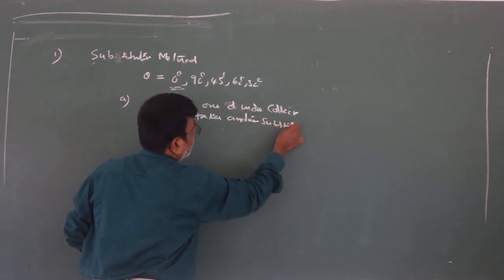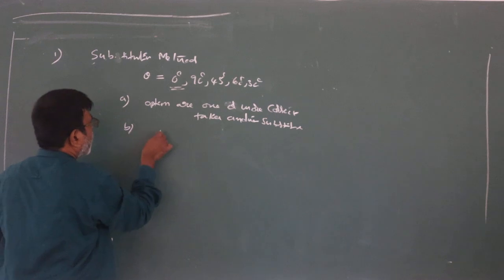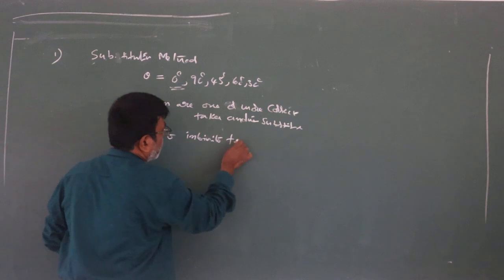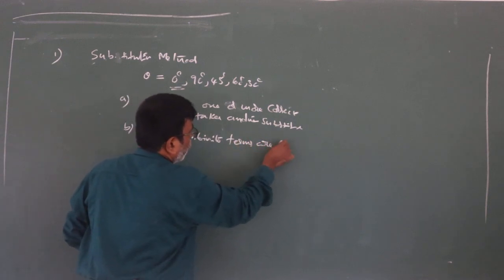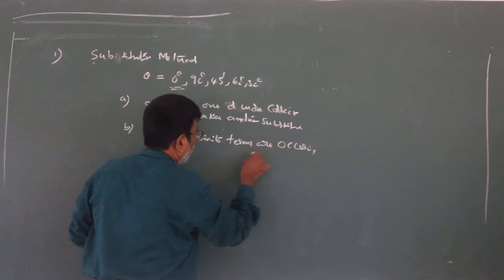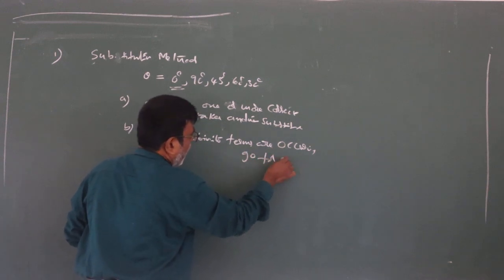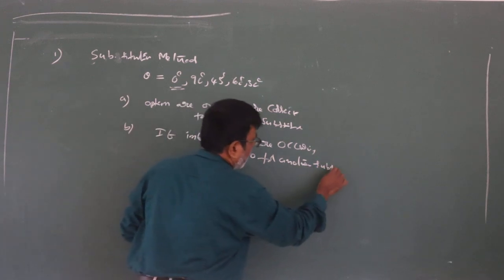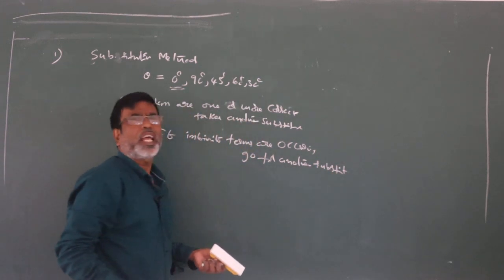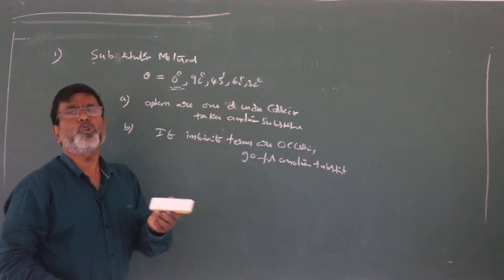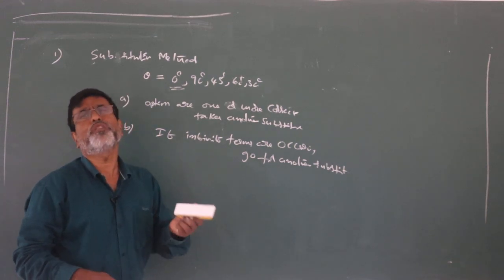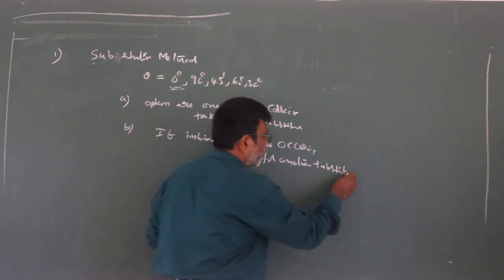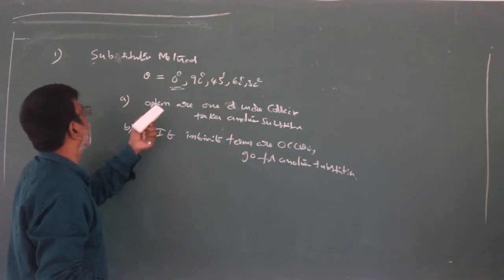Two, if infinite terms are occurring, go for another substitution. This is very important. If tan 90 is there, tan 90 is infinite, so don't use that substitution. Cot 0 is also infinite. While taking the substitution, if infinite terms occur, go for another substitution. This is the very important first shortcut.